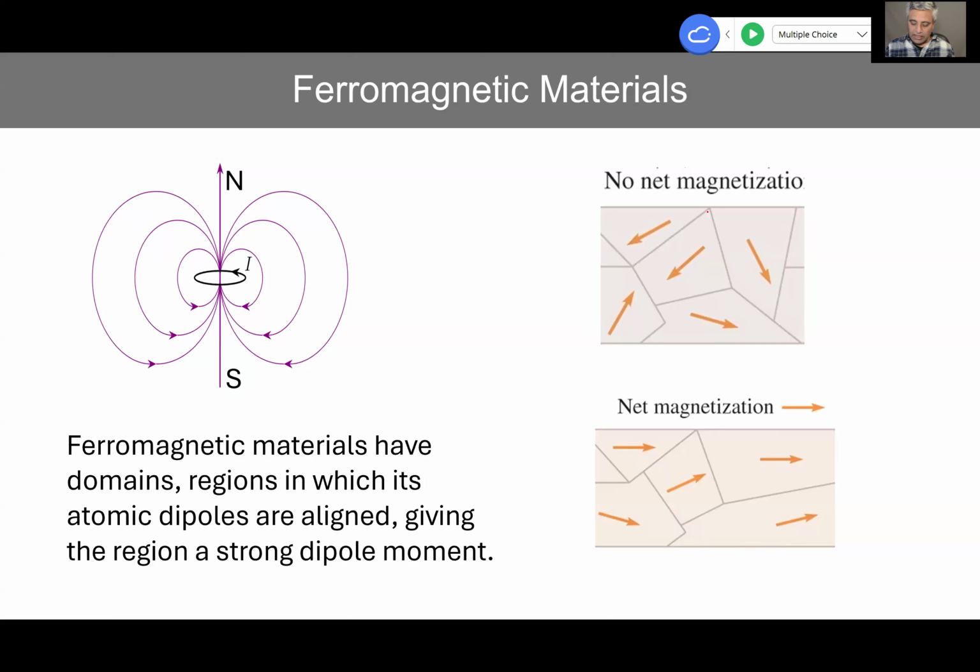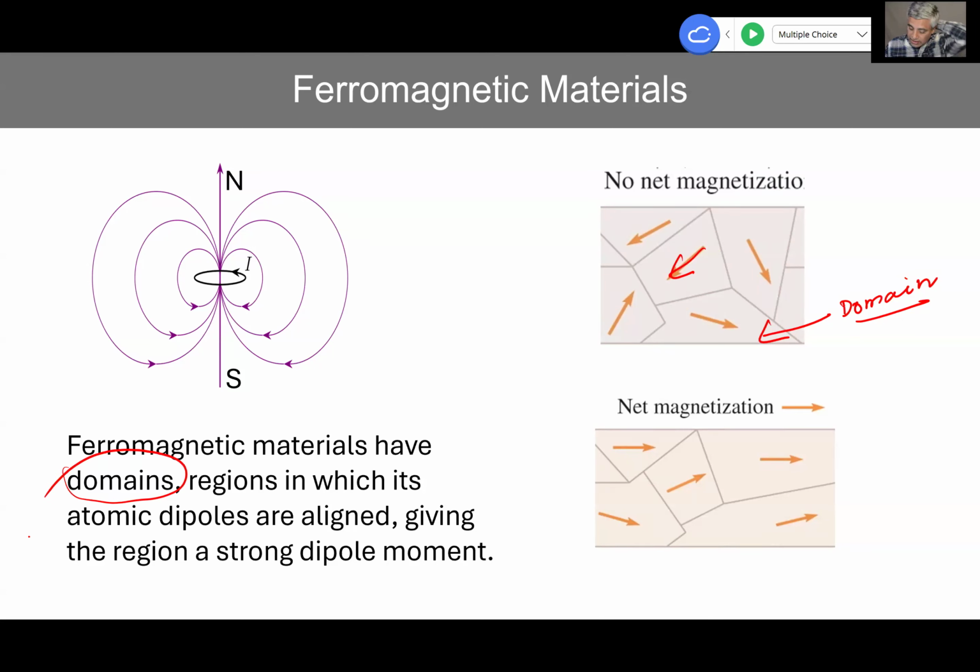They form a domain. That means a small area inside the metal where they line up in one direction by themselves. So you can see here, there is one in a small area. The magnetic field is oriented this way. And another area, we call that a domain, okay, domain. So it forms these tiny magnetic domains.